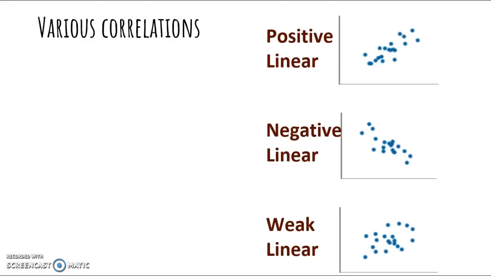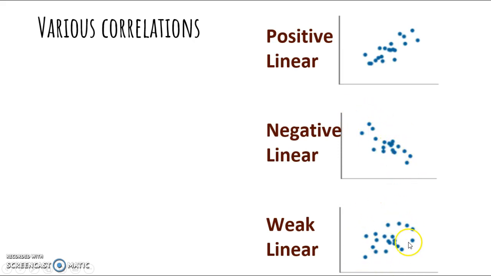So here are some examples of positive versus negative linear correlations. Positive, if you look, the larger the x goes, the higher the y goes. So the points don't form a straight line, but they do look like they're clustering around a straight path here. Same thing with a negative, they're clustering around a straight path that goes in the downward direction. The bigger the x is, look what happens to the y's. The y's are getting smaller. They're getting lower.